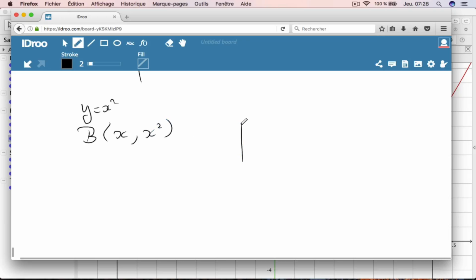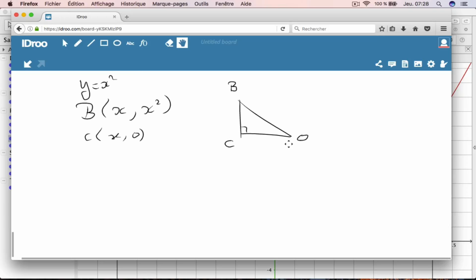And we've got this triangle BCO, and C has for coordinates x, 0. So this length is x and this side is y, that means x squared. We can compute this, thanks to Pythagoras, let's write it.